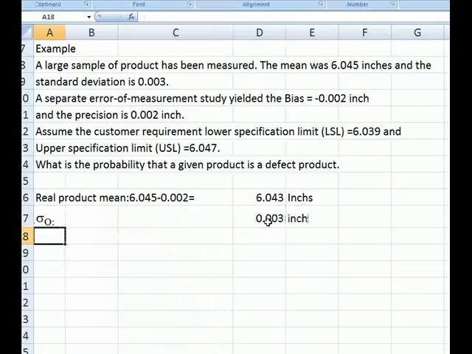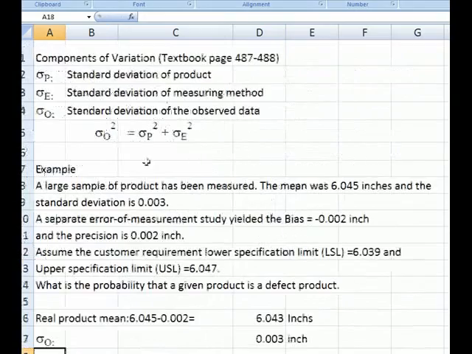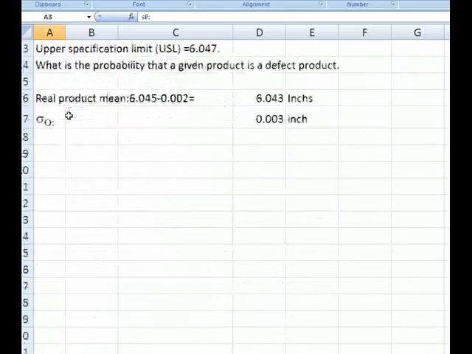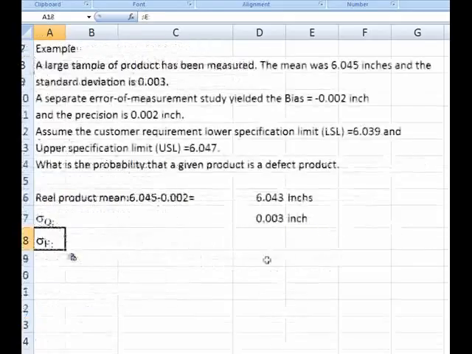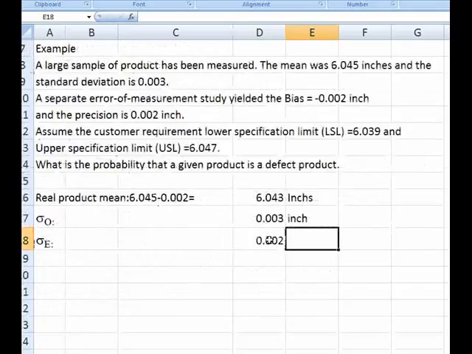And we know the precision is 0.002, which means the standard deviation of the measuring method is 0.002 inch.